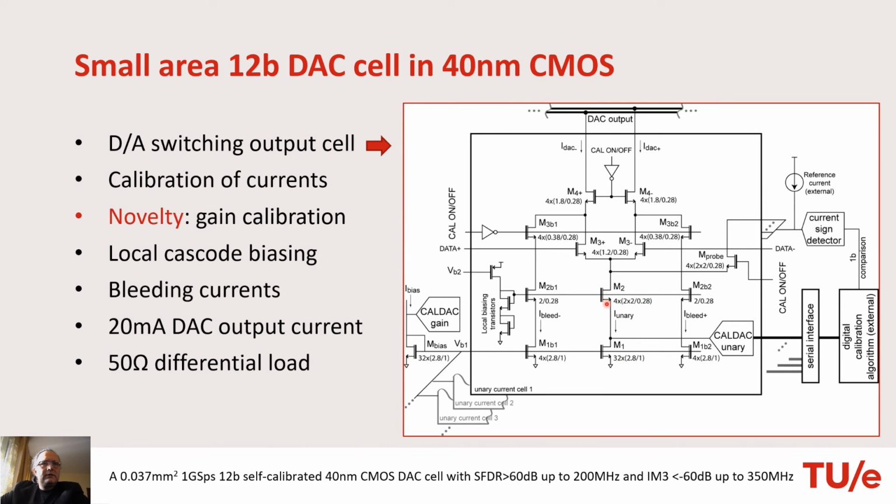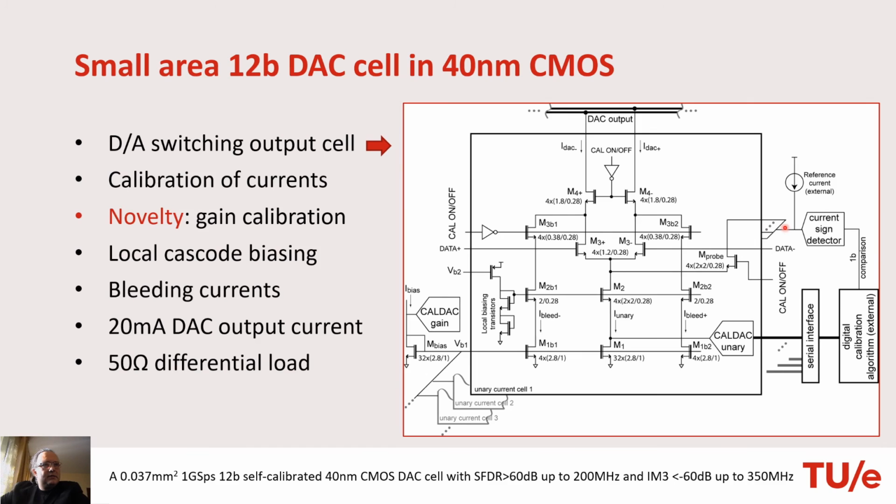This is a current cascade, and at this point the current either goes to the DA switches for normal DA conversion, or we can activate this, so we switch off this branch here, and the current is redirected through this probe transistor into the current comparator.